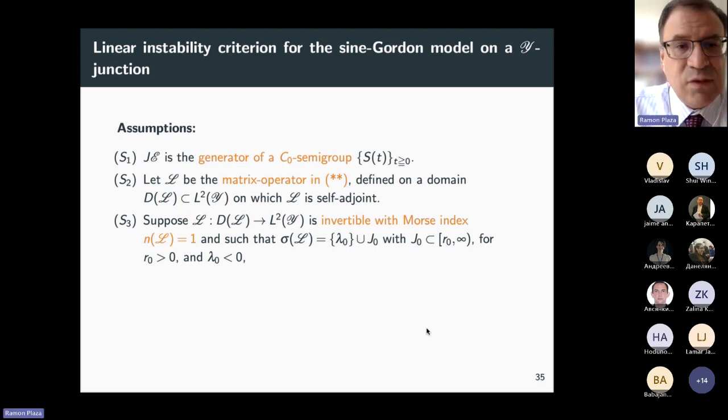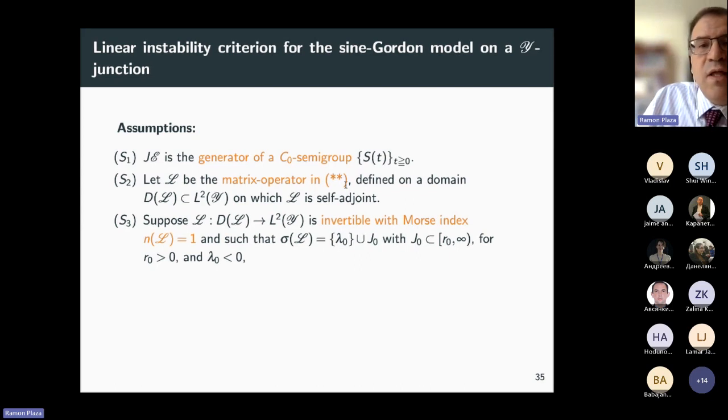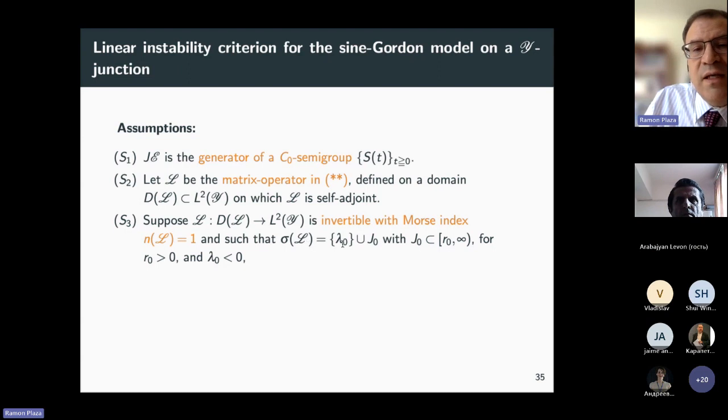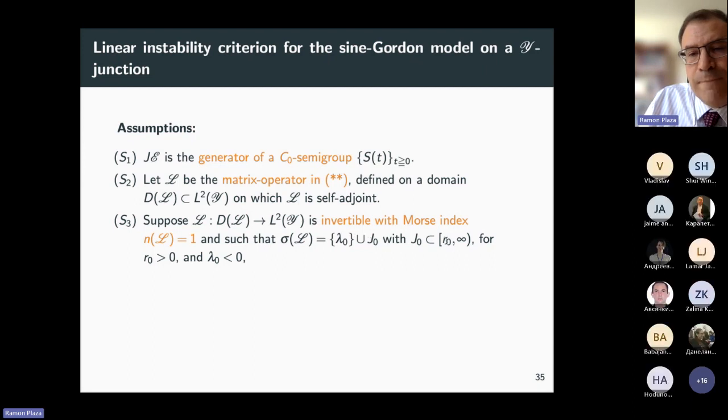Second hypothesis, let's suppose that the matrix operator L that I just showed you, defined on a domain, is self-adjoint. And number three, suppose that this operator is invertible with Morse index equal to 1, and such that the spectrum of L is some isolated eigenvalue lambda 0 union this set, which is contained in an array, with R0 positive and lambda 0 negative.